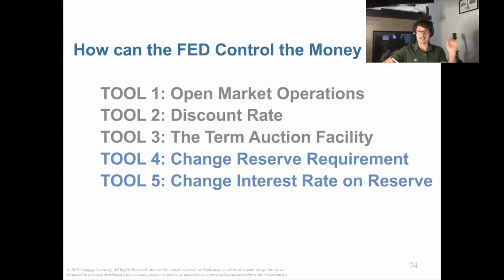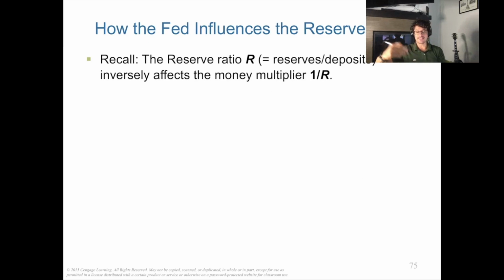Let us conclude with the last two instruments of the Furious Five that the Fed can use in order to affect the money supply: a change in the reserve requirement and a change in the interest rate on reserves. So let us start by recalling the definition of the reserve ratio, which is nothing but the ratio of reserves over total demand deposits.